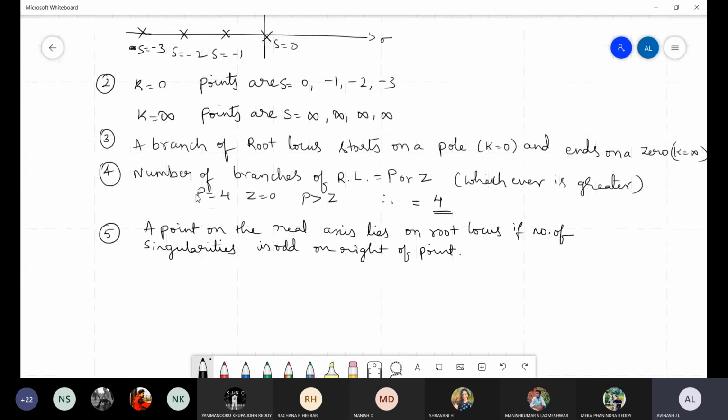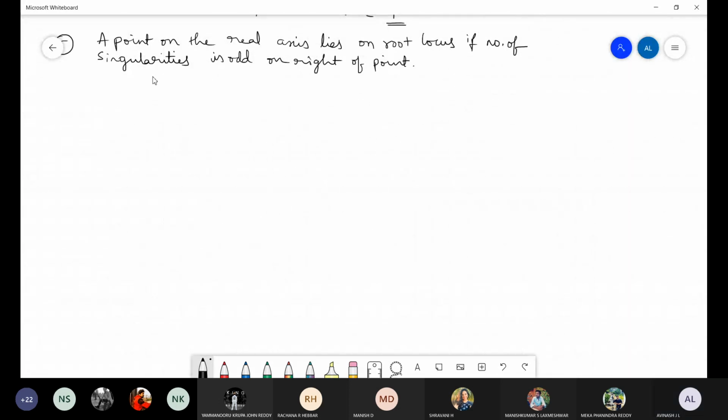After that, step number 6 indicates the asymptotes. First is the number of asymptotes, which is equal to P minus Z. So P minus Z is 4 minus 0, that is equal to 4.